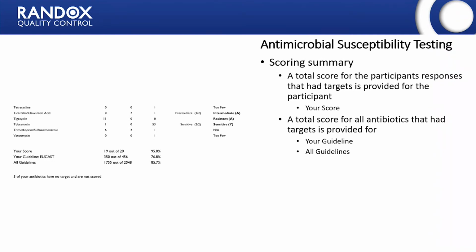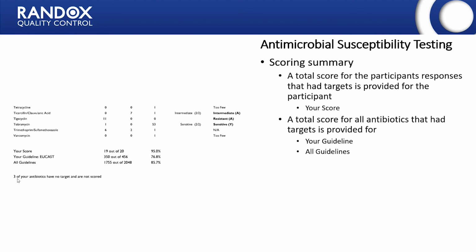So all the scores for the individual participant. If they've reported 10 antibiotics, then the maximum score is out of 20. Then what they have actually achieved, so it'll be 19 out of 20, with a percentage, 95%. Then we break that down for the actual guideline, looking at all the antibiotics that have been reported for the similar guidelines, and once again it's very similar for all guidelines as well.